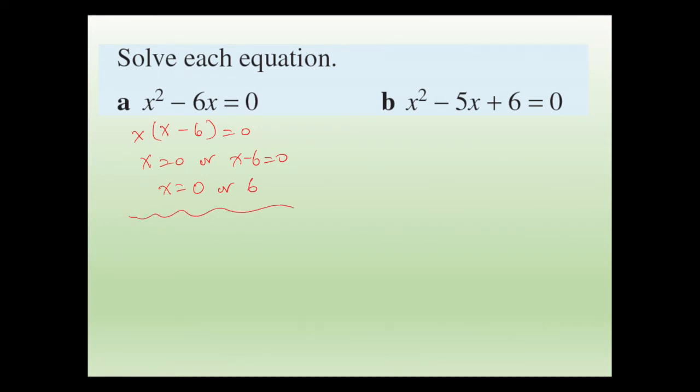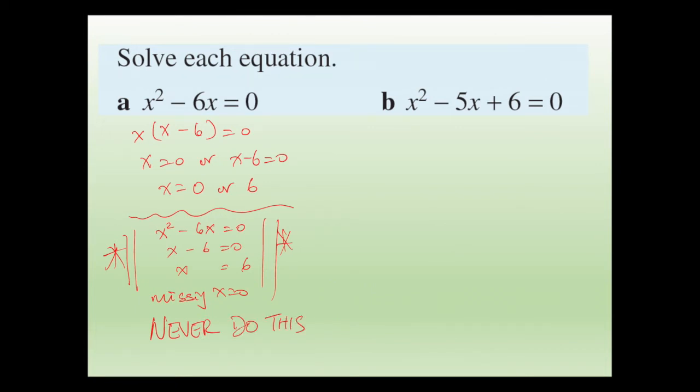Now, if you divide x squared minus 6x equals 0 by x throughout, we have x minus 6 equals 0 and x therefore equals 6. You know that this is not correct because you are missing x equals 0. So remember, never ever do this. Do not divide by pronumerals.